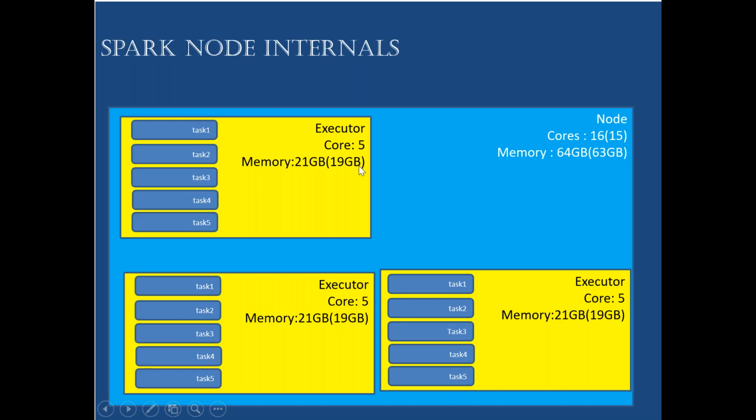We are trying to use 5 cores here. So 5 into 2 is 10 partitions I can execute in this executor, 10 here, 10 here. Total 30 partitions I can execute at a time. At a time, 30 subthreads, you can say.